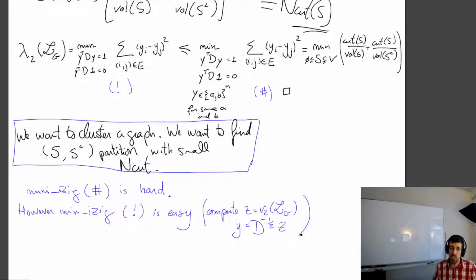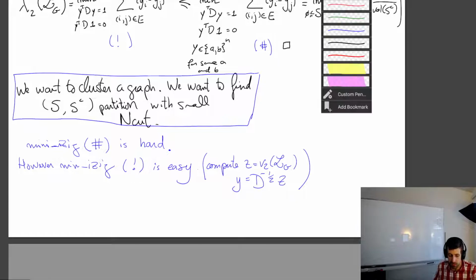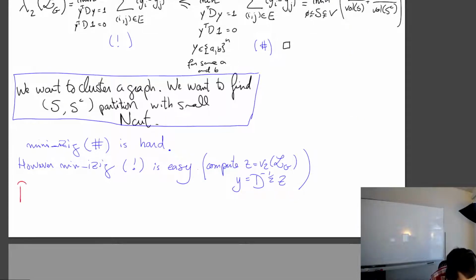If by chance we do this and we get something that only takes two values, then we know that indeed we must have found the cut that minimizes the normalized cut. We must have found a partition. However, we're not always going to have this happen. So this is the key idea behind the relaxation, and it motivates an algorithm.